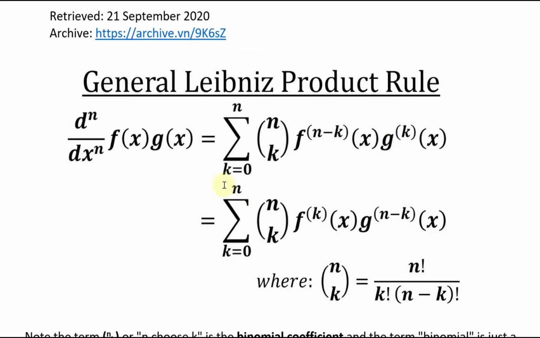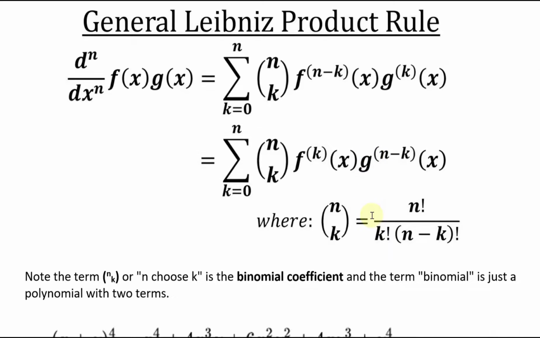It's a giant summation, but you could also write it the other way: the kth derivative of f times the n minus kth derivative of g. And n choose k is the binomial coefficient, which equals n factorial divided by k factorial times n minus k factorial, like that.